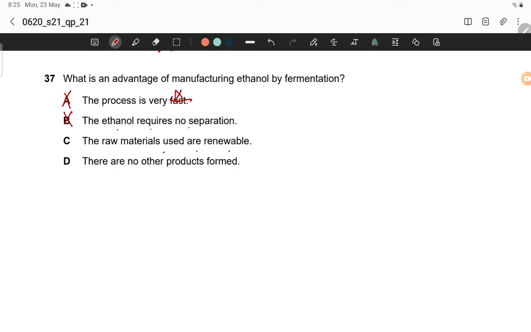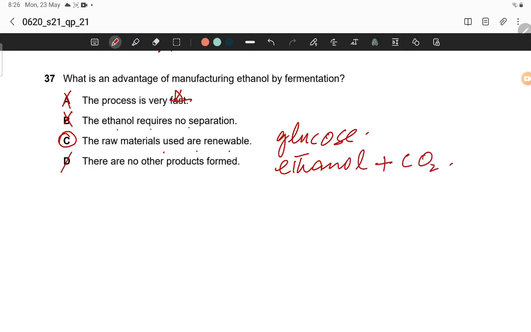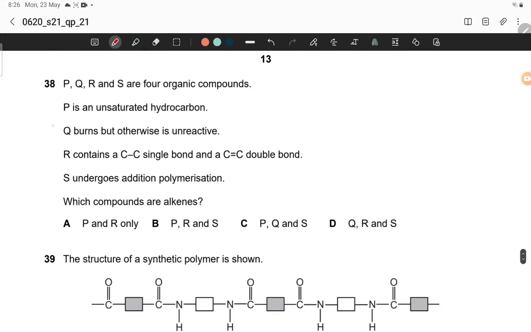The raw materials used are renewable, because the raw material is glucose, which is a renewable source. There are no other products formed. Ethanol and carbon dioxide are formed in fermentation, so this is incorrect.